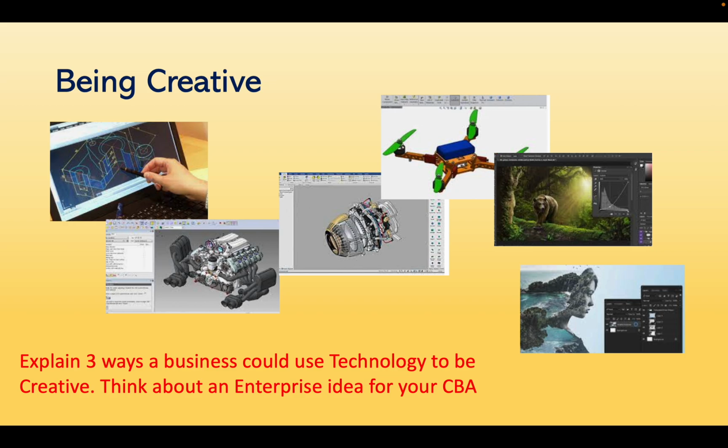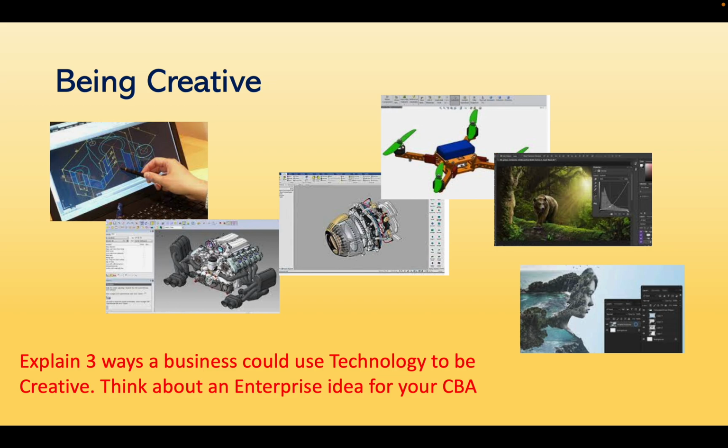If we're going to do an advertising campaign, maybe for a CBA for a product, we might take a picture of our design and make it look better by having better light on it, or altering the shape of it ever so slightly. All of that is trying to be creative, coming up with ideas and turning those ideas into something that could be useful for the business.